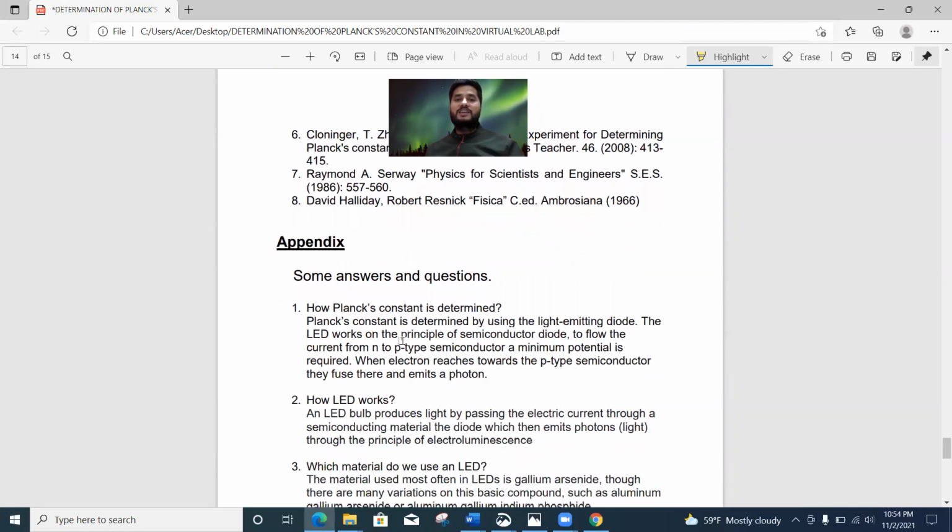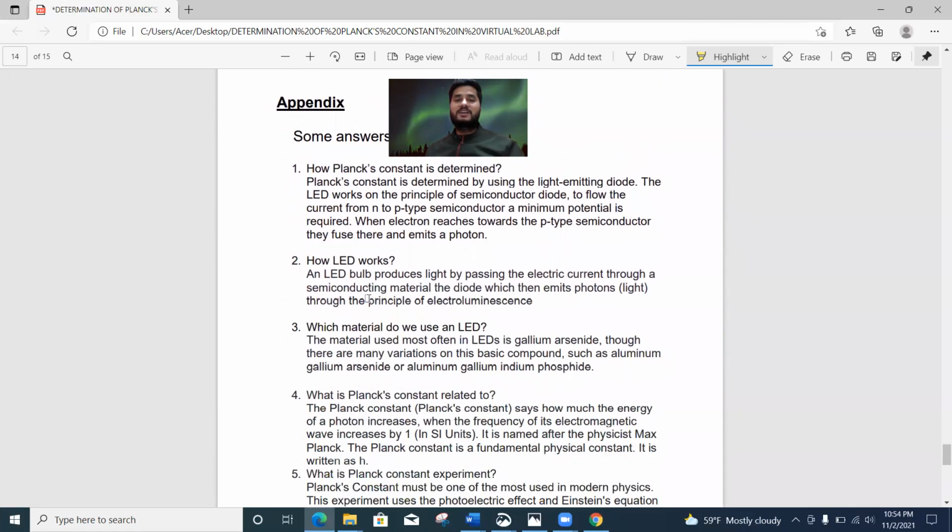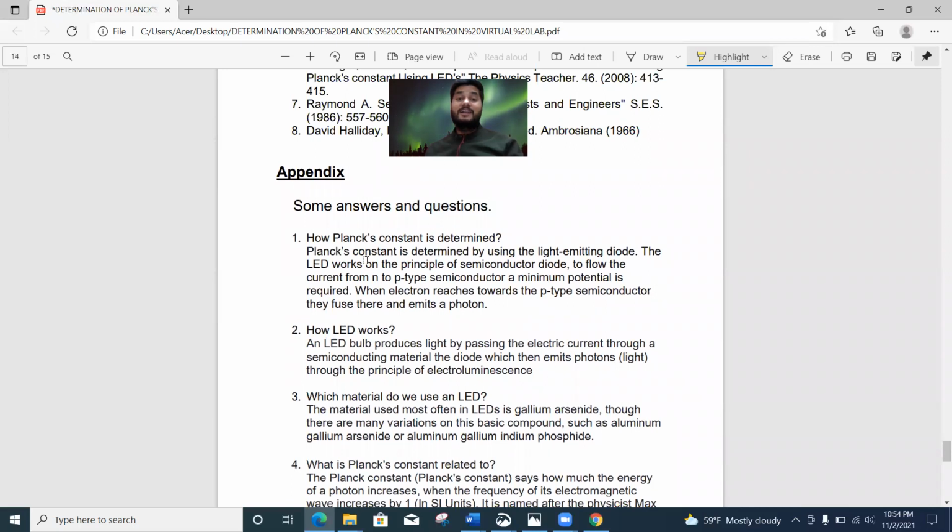Now I am clear, though I still prefer doing it physically in our laboratory. But I gained some knowledge, and it makes us happy to do research in our desired field.